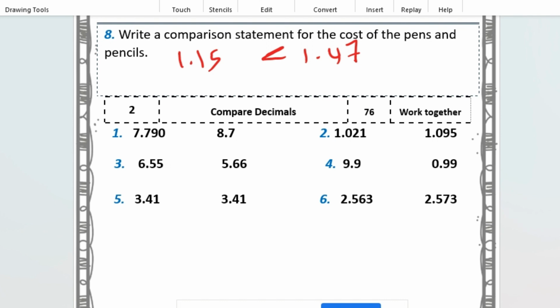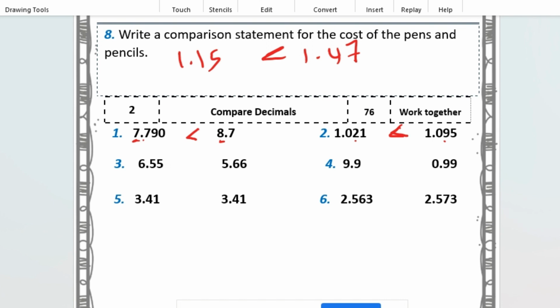Okay, here we have 7.790 and 8. The first number here is 7, and the first number here is 8. 8 is bigger than 7, so this is bigger. This is 1, this is 1, this is 0, this is 0, so they're both the same. We go to the next one. This is 2, and this is 9, so obviously 9 is bigger than 2.